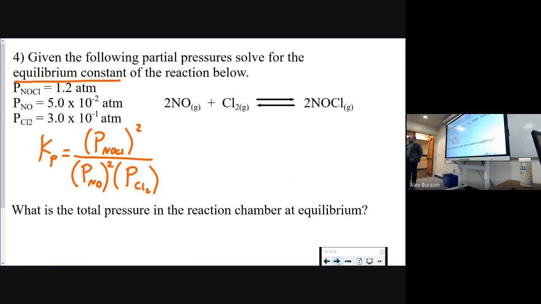That's the setup. Again, we're using just different symbols for our generic setup, but the math's always the same. Products over reactants, raise your products to the coefficient, raise your reactants to the coefficient.